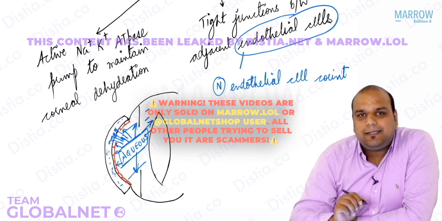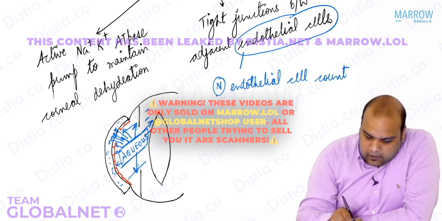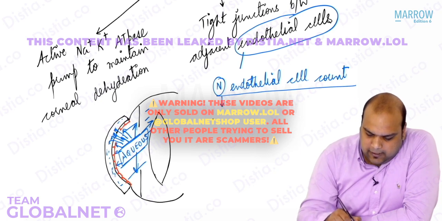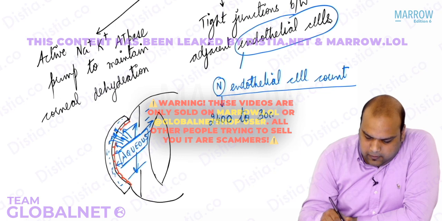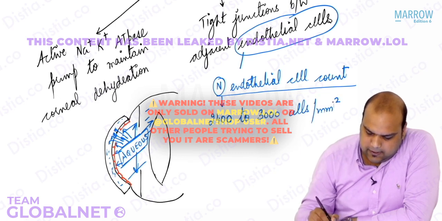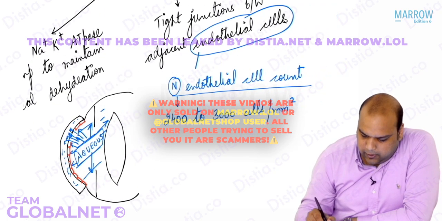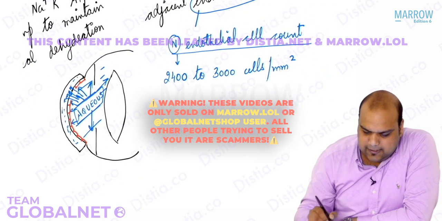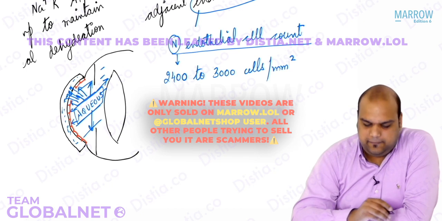Normally in the endothelium we have around 2400 to 3000 cells per millimeter square.